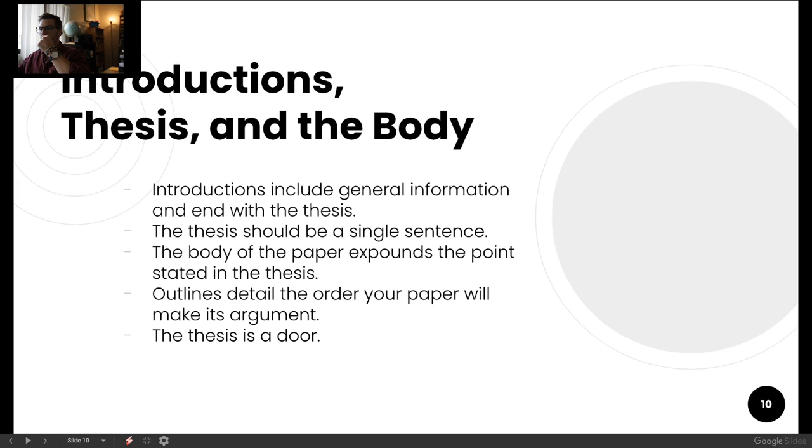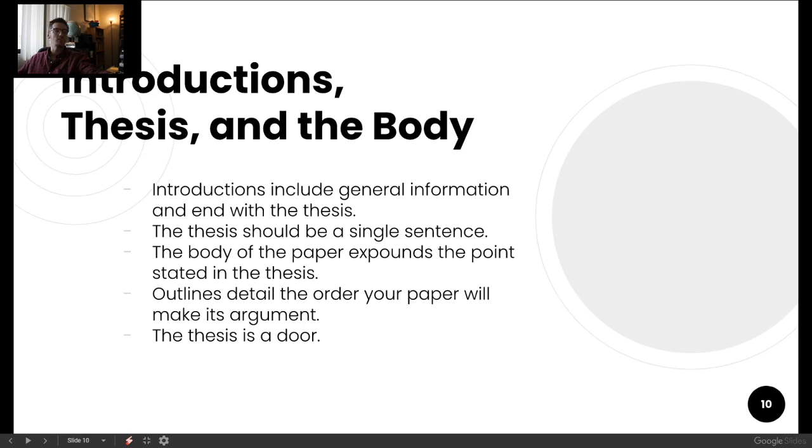Yes, okay, the thesis is a door. The thesis is a door because the thesis acts as a turning point or a door leading from general information into the specifics of your paper. So rather than being like a funnel, if you think of the thesis statement as the entry point to the house, whereas from outside, there are lots of things we could talk about, but then you go into the house and you're in a specific house. In this case, you're under a specific topic.